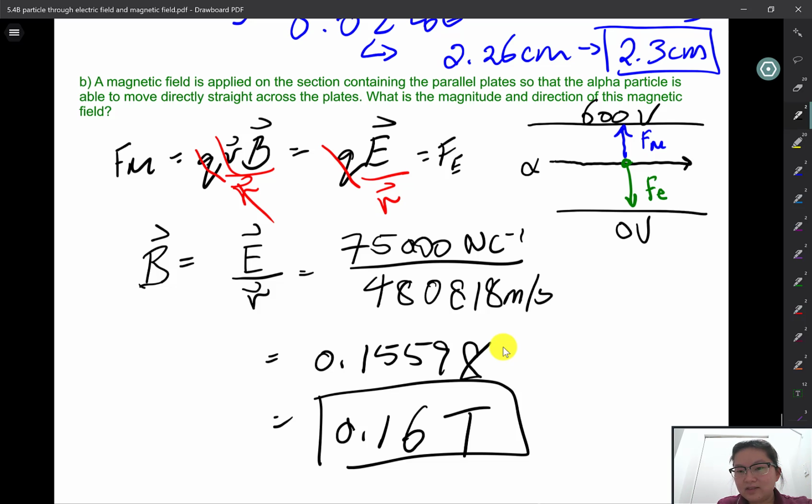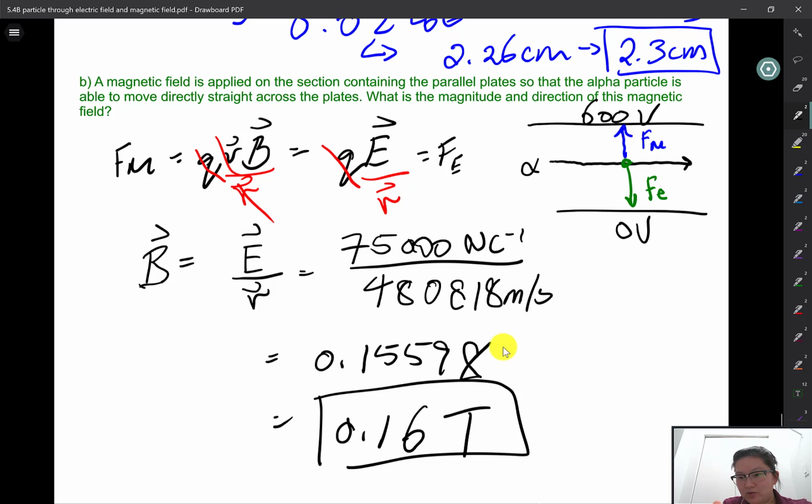In this case, we don't know what the magnetic field direction is going to be, so we don't know what the direction of the index finger is going to be. We'll talk about that later. The middle finger is going to point in the direction in which you want the magnetic force to be. In this case, it's going to be upwards, to the positive plate.